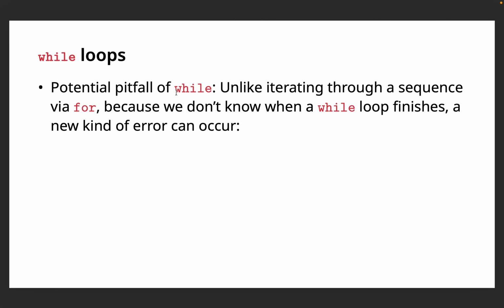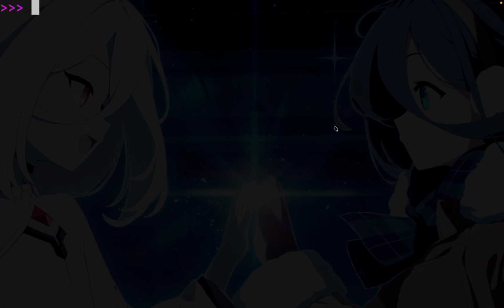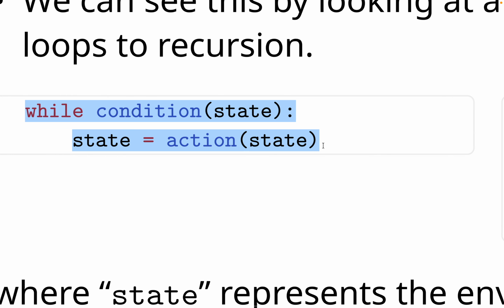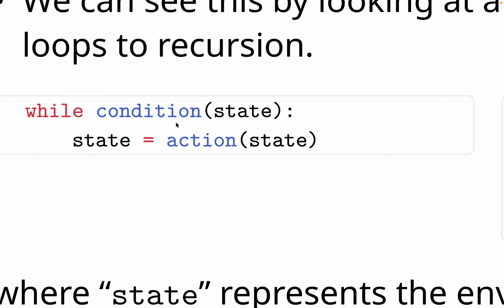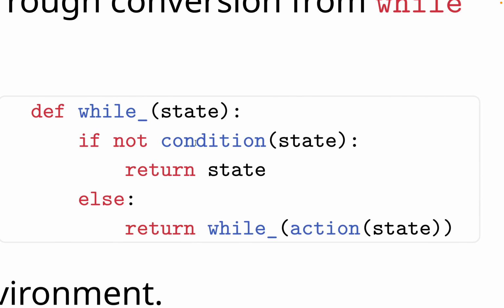So when it comes to while loops, since you don't know when it's going to end, it's very possible that you accidentally make an infinite loop. It's not that hard to get yourself into an infinite loop. So here, if we think about this while loop, this is kind of equivalent to this recursive function over here.